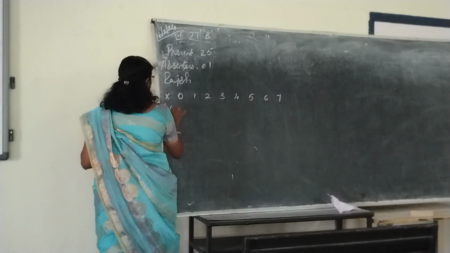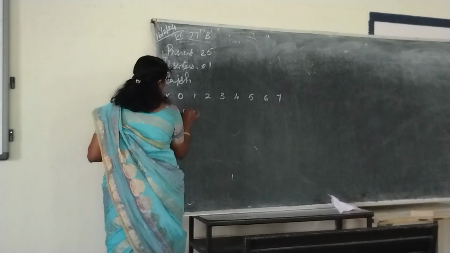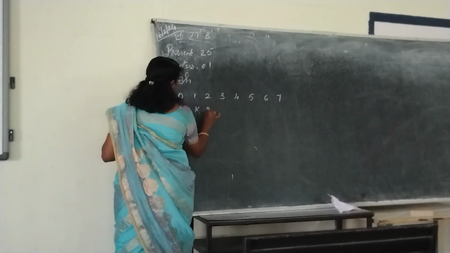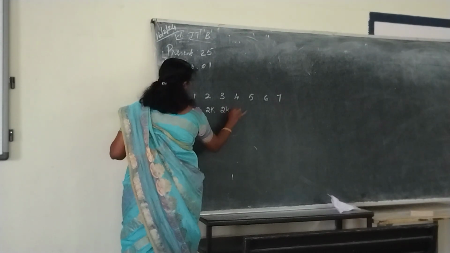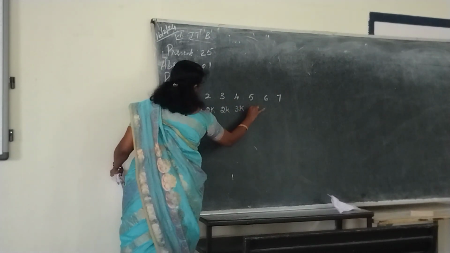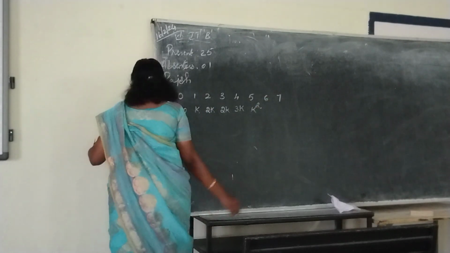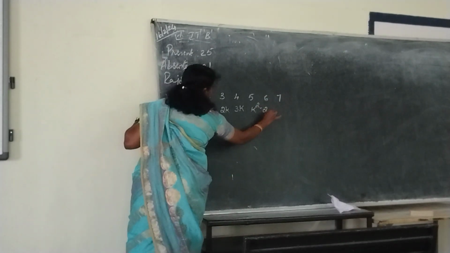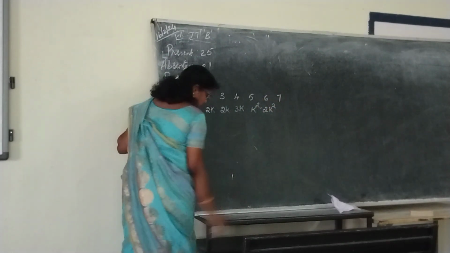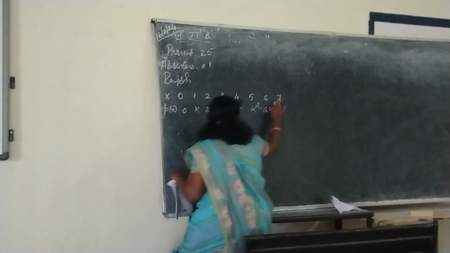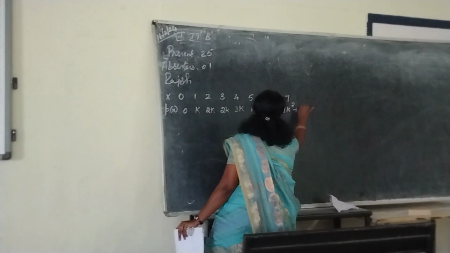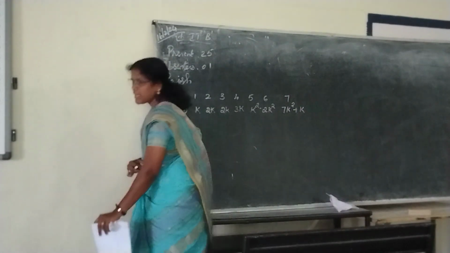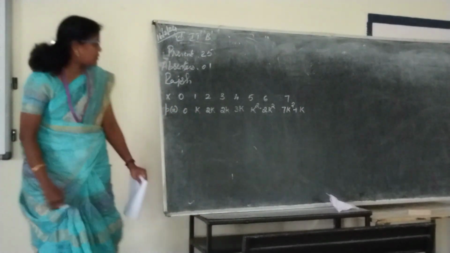Corresponding probability values: 0, k, 2k, 2k, 3k, k square, 2k square, 7k square plus k.